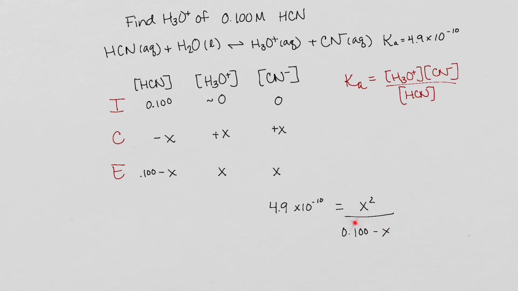So we take this denominator and we multiply both sides by this, distribute this, and then set the whole thing equal to 0. So I'm going to do that. So I multiply by 0.100 minus x. Those cancel.